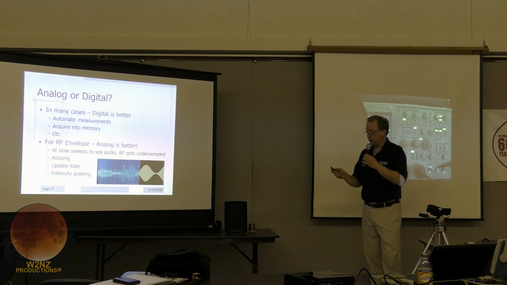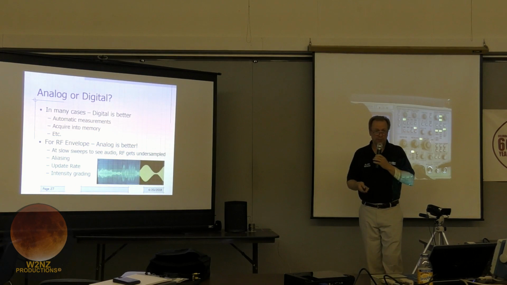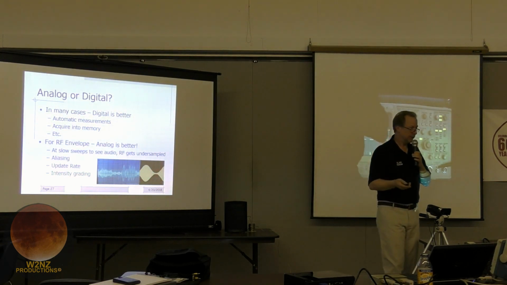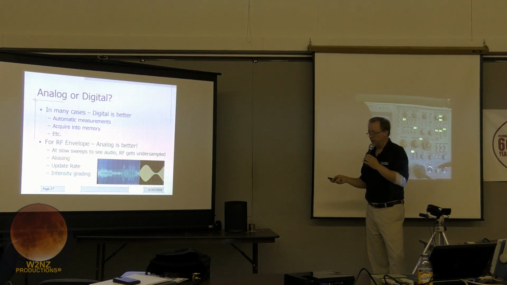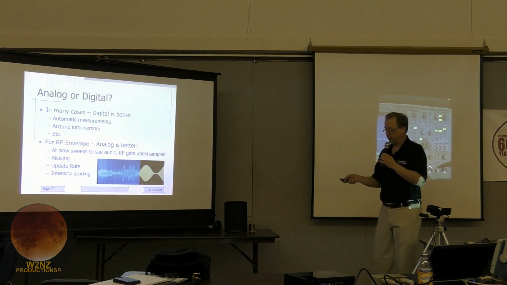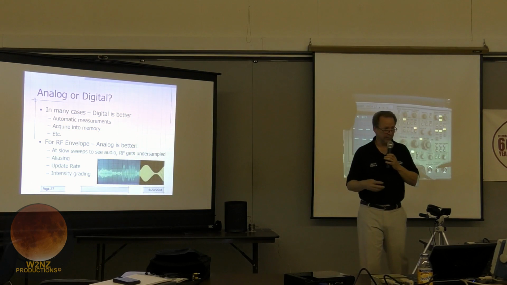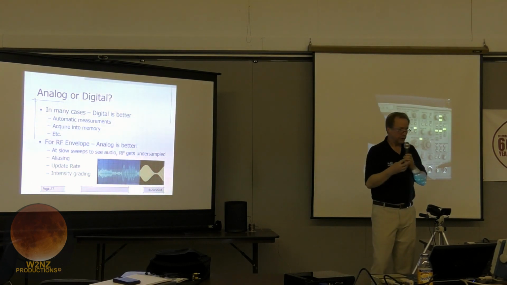So for some applications, especially in the ham shack, an analog scope is actually better, which is good because they're cheaper, right? You can find them all over the place now. So you get faster update rate, no possibility for aliasing, and you get the intensity grading naturally because of the phosphor, the CRT. So there's a lot of advantages just for ham shack use.